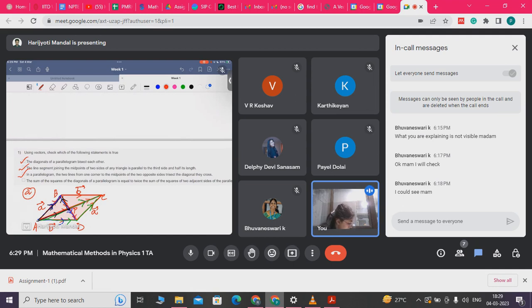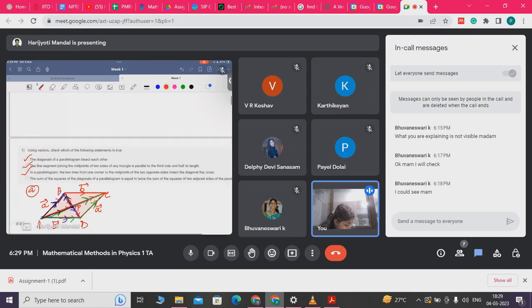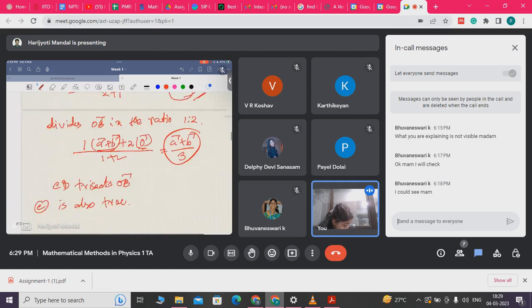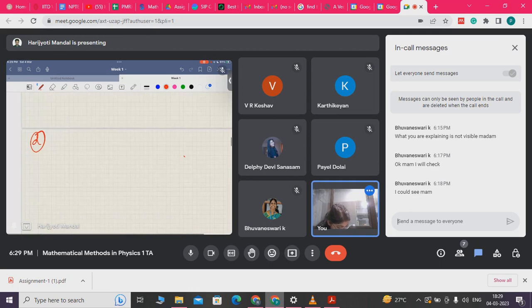The fourth statement is: the sum of the squares of the diagonals of a parallelogram is equal to twice the sum of the squares of two adjacent sides of the parallelogram. This statement is also true, and we are going to show that using vectors.